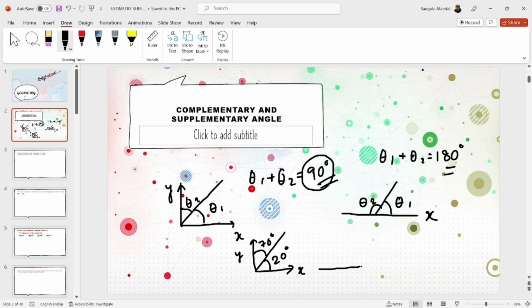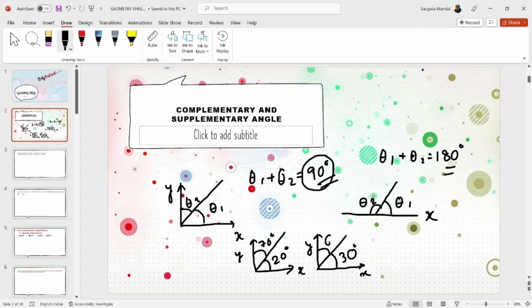Suppose this is x-axis and this is y-axis. I draw a line. Suppose this is theta 1, that is let 30 degree. And what is the complementary angle of this 30 degree angle?